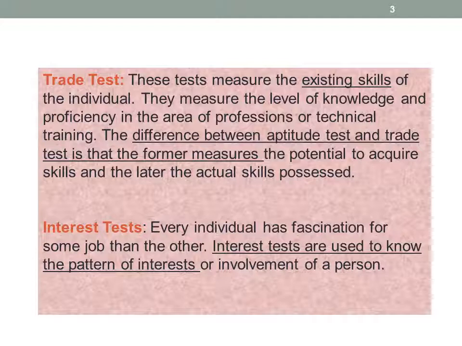They measure the level of knowledge and proficiency of the person. The only difference between the aptitude test and the trait test is, as I have already said, that the aptitude test measures the potential to acquire new skills, and the trait test measures how many different skills are possessed by the person.